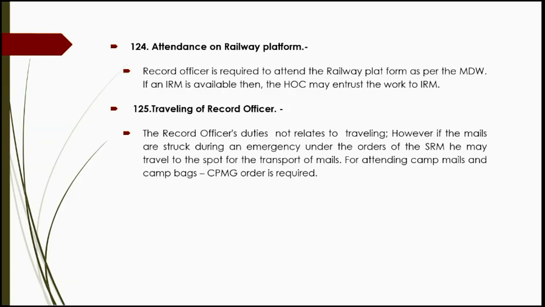After receiving the information, if the superintendent directs the record officer to go and see the spot, then he is required to travel. Apart from that, he can also travel for the sake of attending camp mails and camp bags, but for that, CPMG orders are required. Generally, the orders for camp mails and camp bags are from the CPMG only.